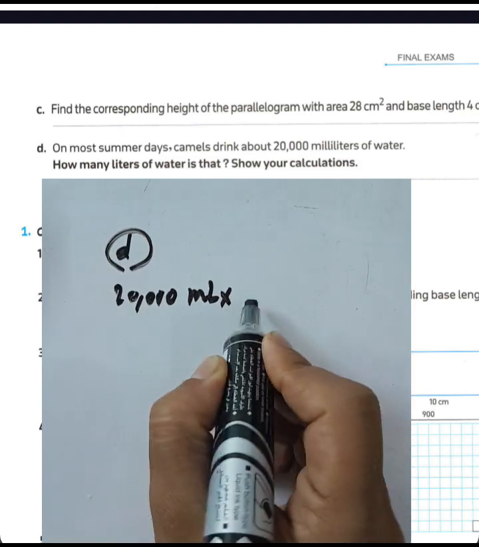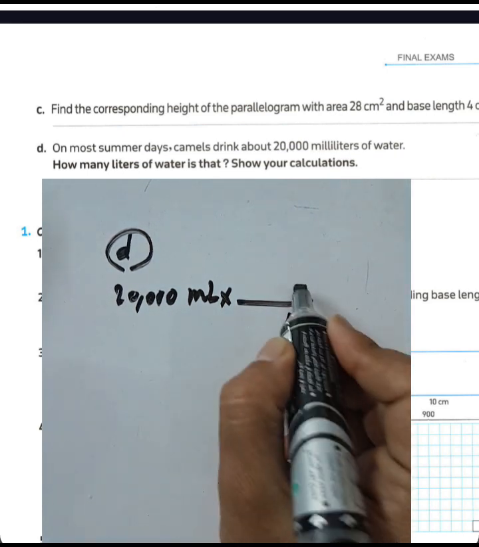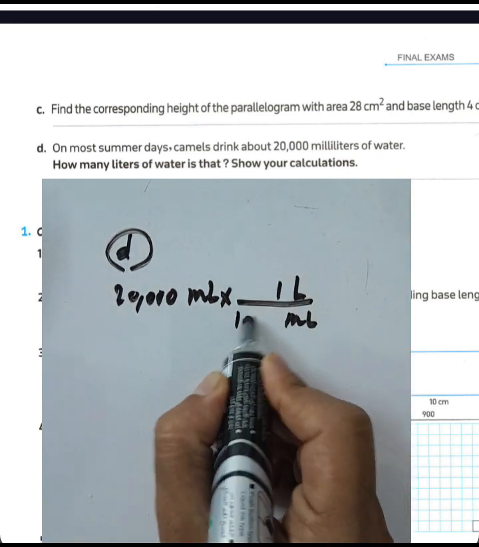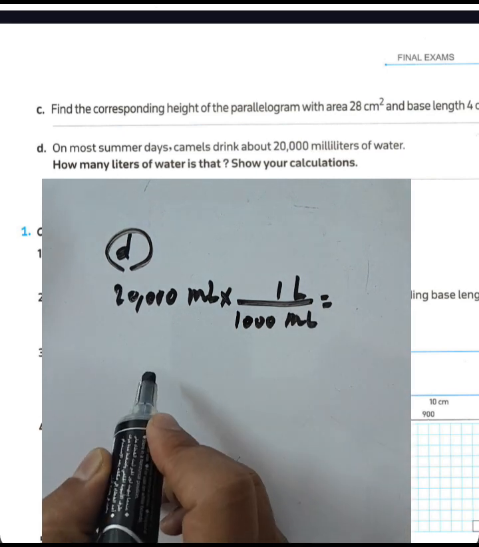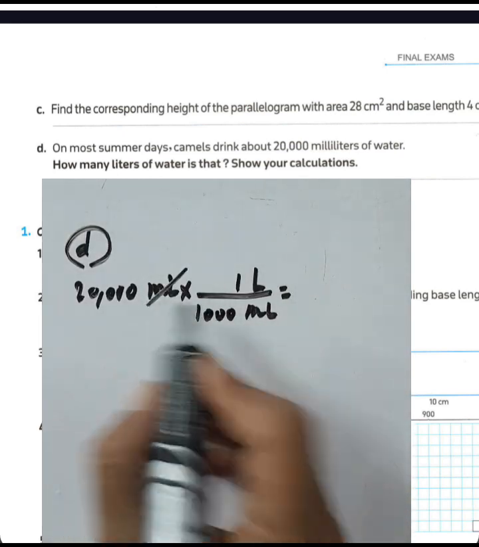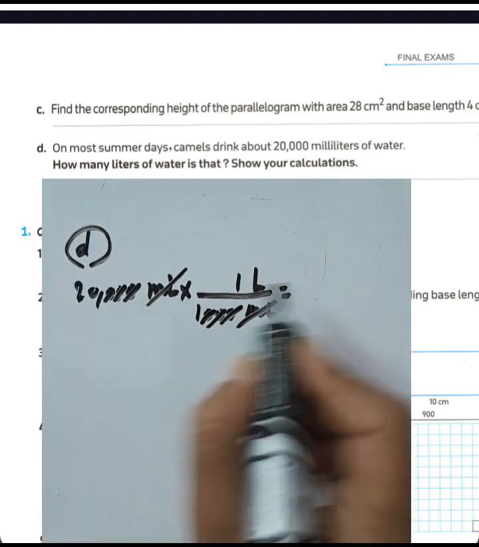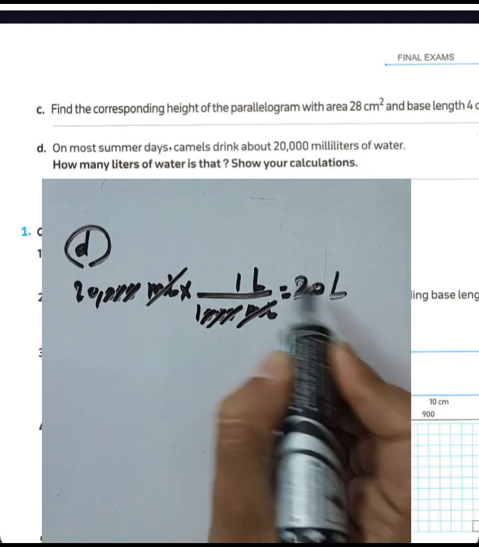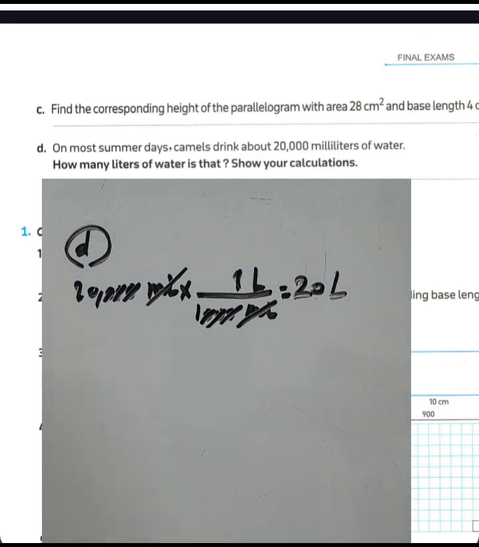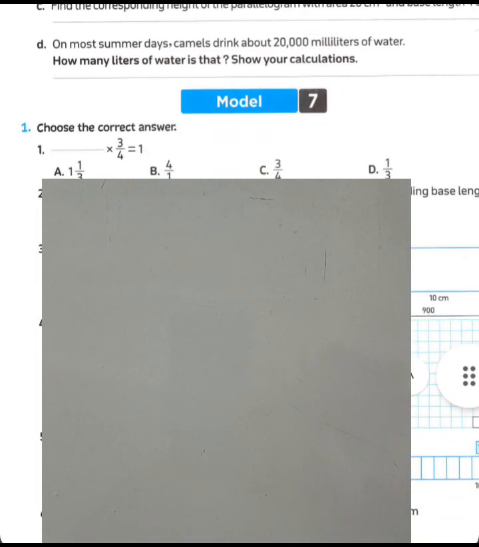You must cancel milliliters, write milliliters down and liters up. 1 liter equals 1,000 milliliters. Then you can cancel similar units and divide the numbers. The result will be 20 liters. Okay, it's the last question here. Understood?